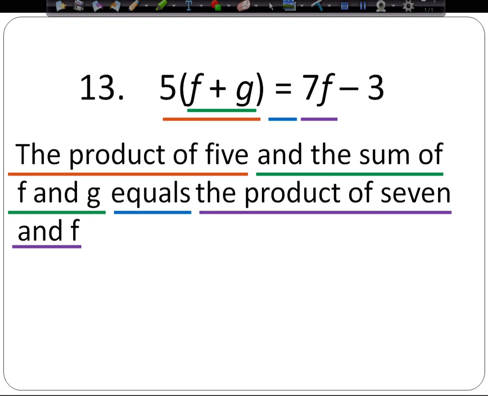For 7F, we're going to say the product of 7 and F. And then for minus 3, we're going to say minus 3. Again, make sure you have this written down before you move on to the next slide.